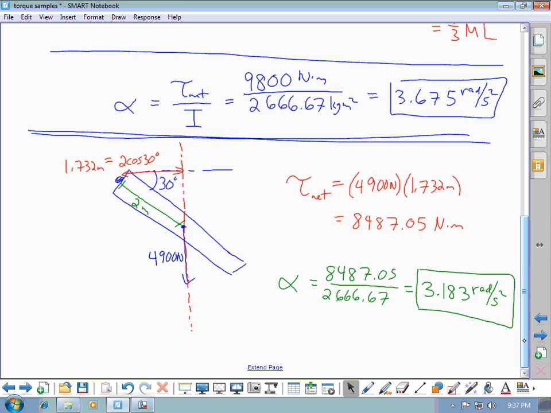You need to make sure that you're looking at either the component of the force that's perpendicular to the r vector, where the r vector points from the axis of rotation to where the force is being applied, or you look at the perpendicular distance between the pivot point and the line of action. So either way, you're finding the perpendicular component of either r or F, and you're multiplying it times the other one.